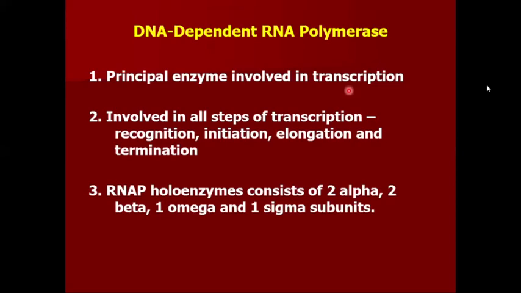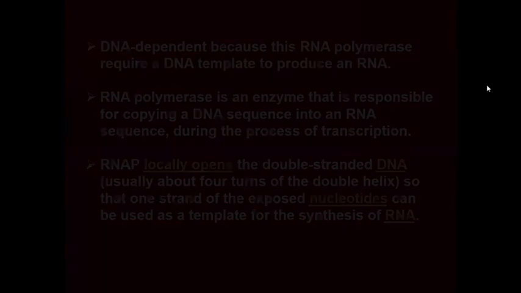transcription. Now, the RNA polymerase holoenzyme consists of 2 alpha subunits, 2 beta subunits, 1 omega, and 1 sigma subunit. So it is a hexamer. 2 plus 2 plus 2, 6. It is a hexamer made up of 6 subunits.